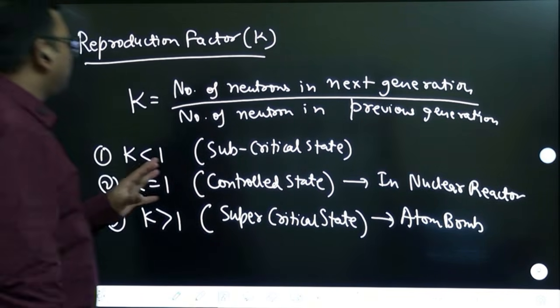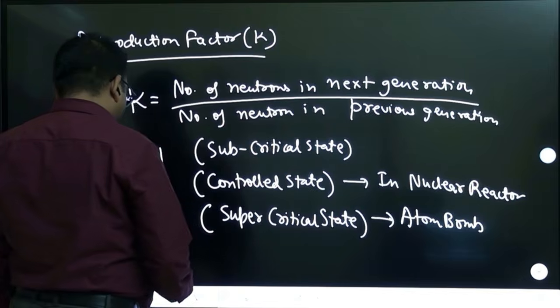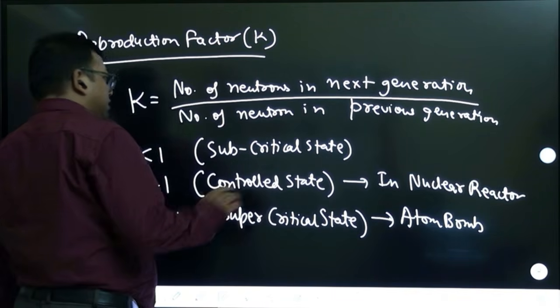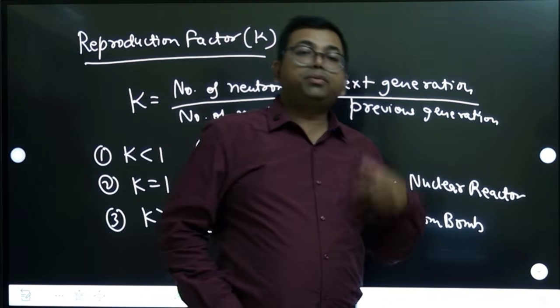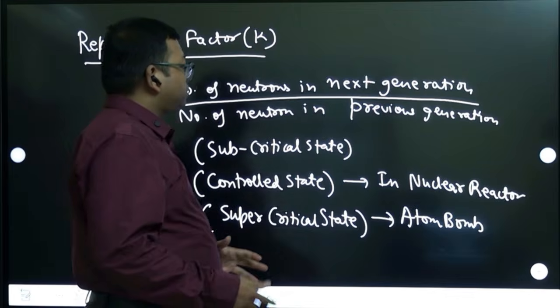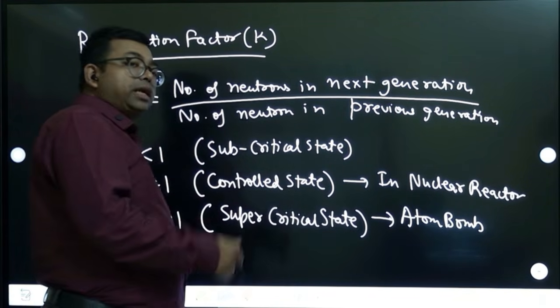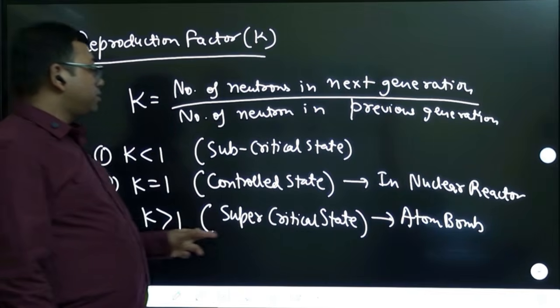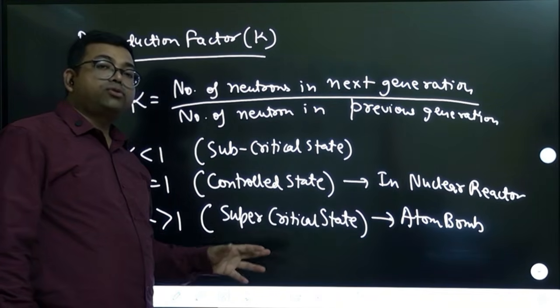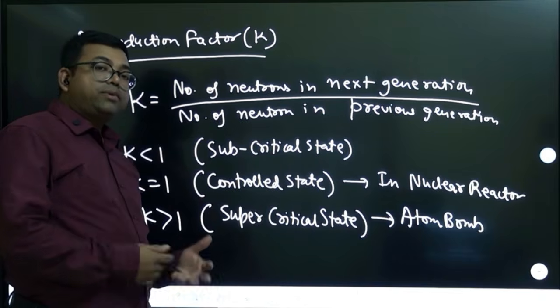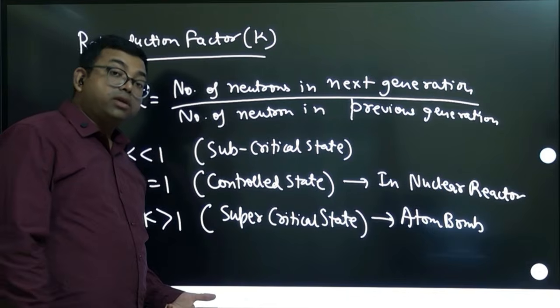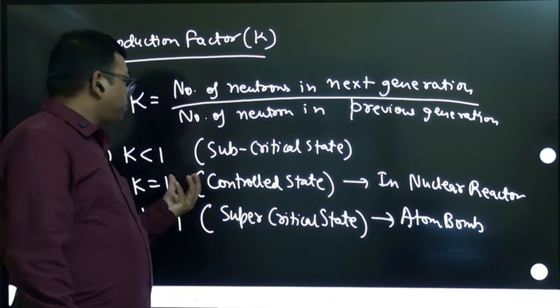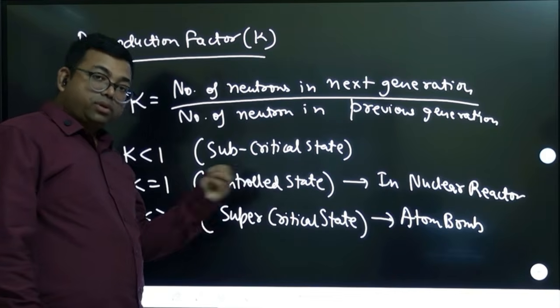So try to understand what it is. Let us say in the next generation 3 neutrons are produced, and in the previous generation there is 1. So the ratio 3:1 becomes 3. This is called the supercritical state, and the chain reaction will become uncontrolled. But suppose out of 3 neutrons produced, you absorb 2.